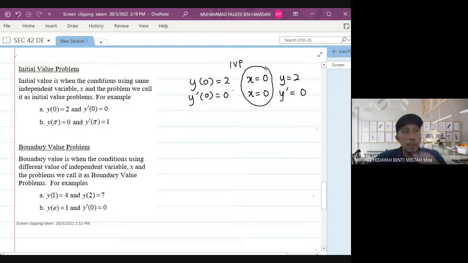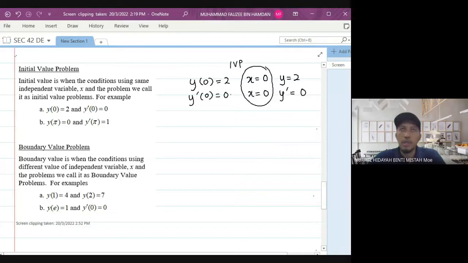Remember, we apply the condition after we solve the ODE. Just use the condition after we solve the ordinary differential equation.